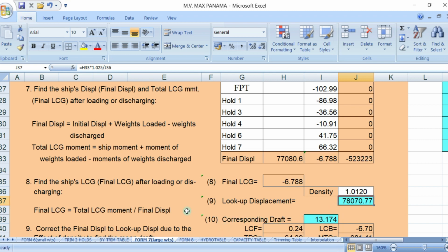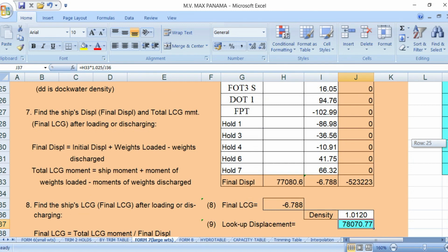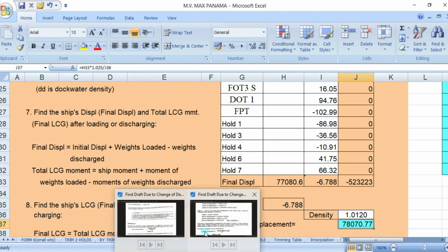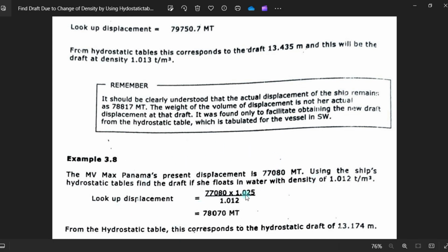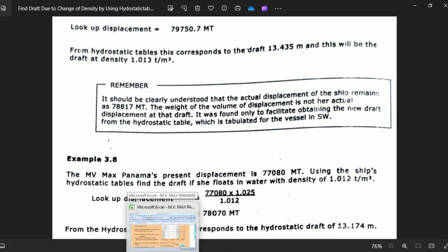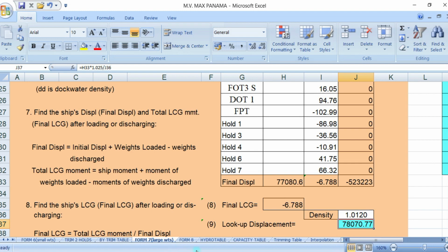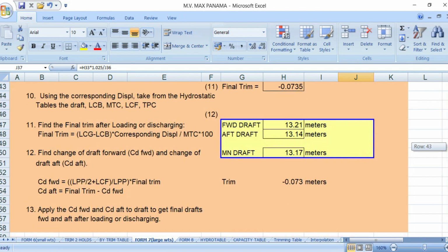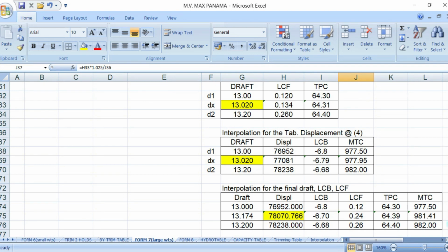So that's it, guys. If you don't want to use this program, you can use manual computation, but then you will need to interpolate to get this draft. So let's say 78070.